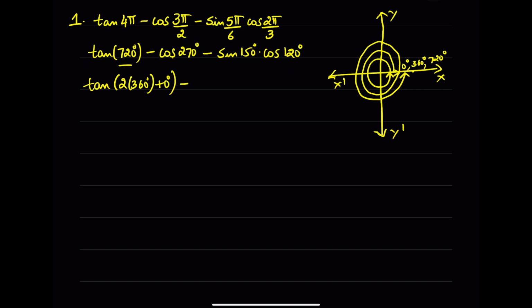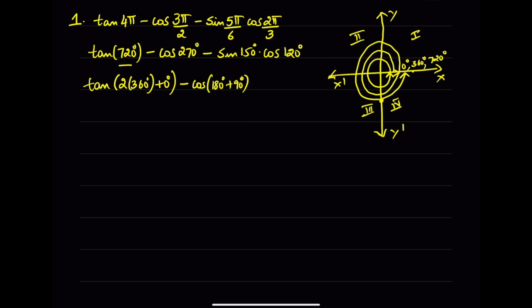Now next one is cos of 270. 270 is the boundary between third and fourth quadrant. So this is third and this is the fourth quadrant. This is the first, this is the second. So the point is here. So this can be written as cos of 180 plus 90.